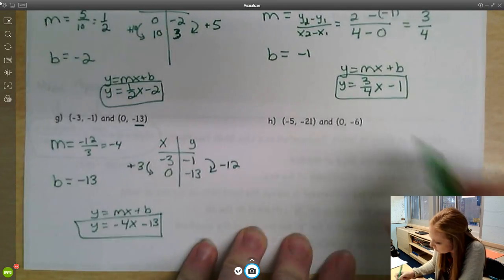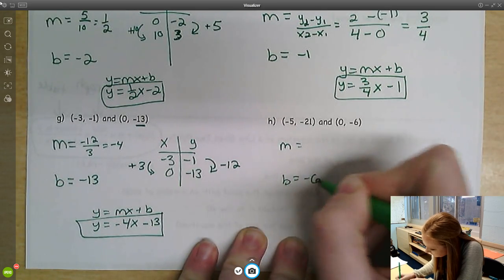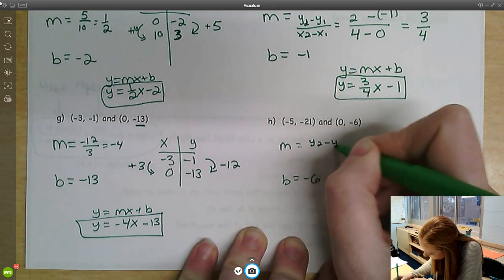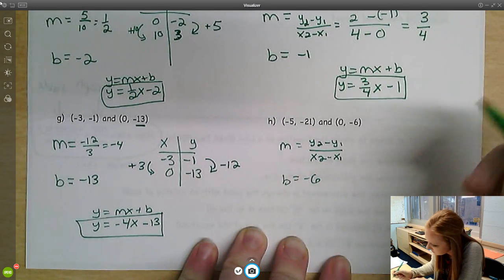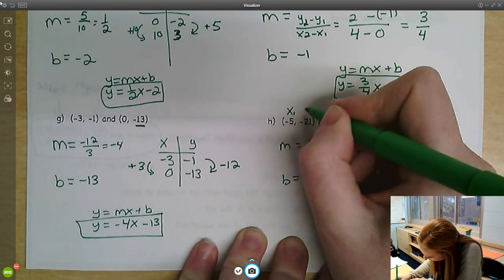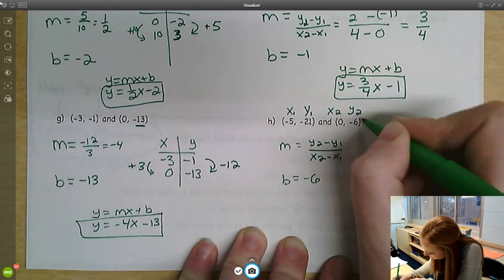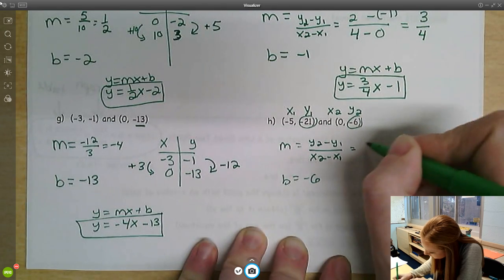Okay, for H, our slope and our y-intercept. Our y-intercept is negative 6. Our slope, let's use the formula. Change in y over change in x. x1, y1, x2, y2. Okay, so let's subtract our y's first.